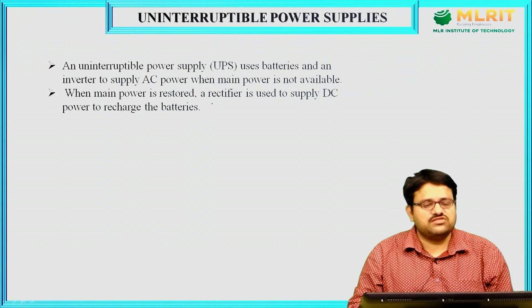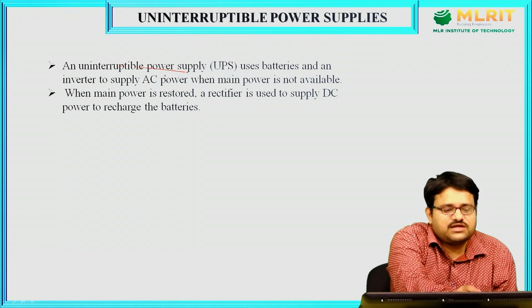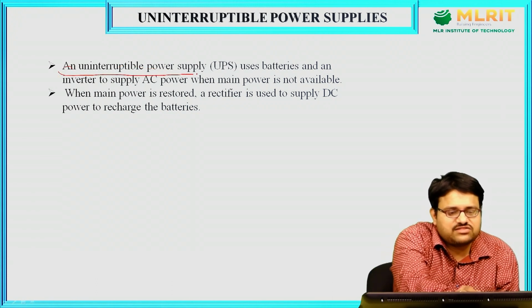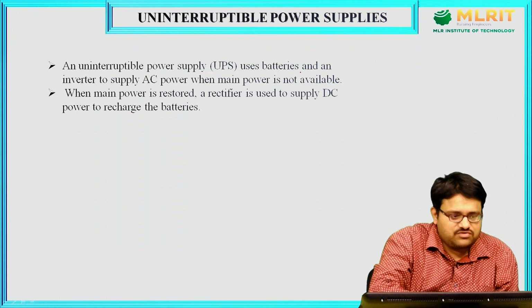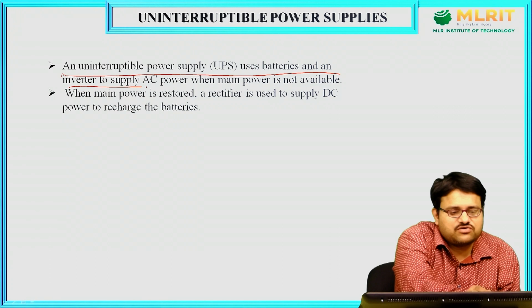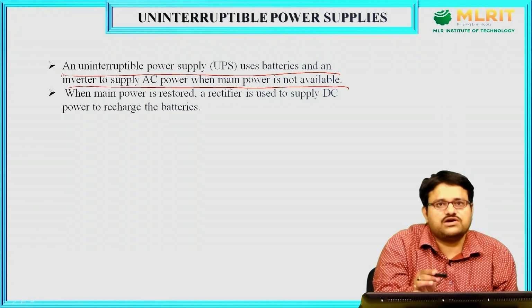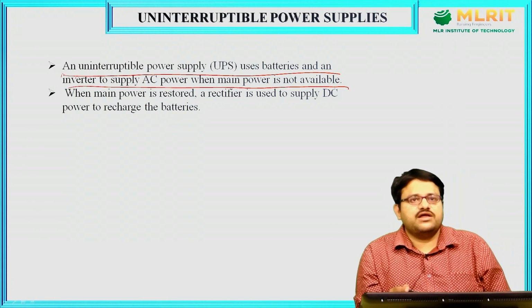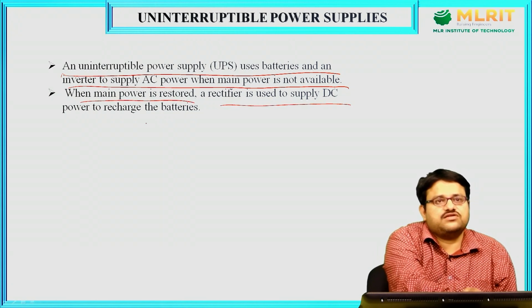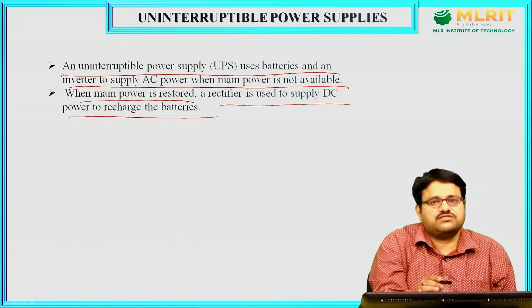Uninterruptible power supplies. An uninterruptible power supply uses batteries and an inverter to supply AC power when main power is not available. When main power is restored, a rectifier is used to supply DC power to recharge the batteries.